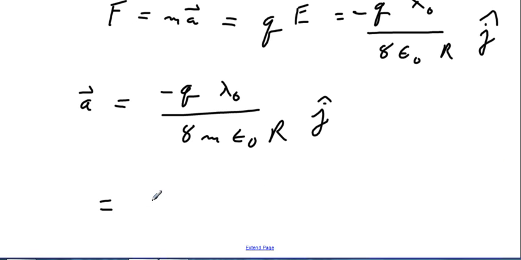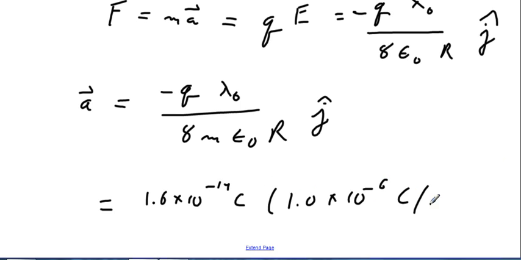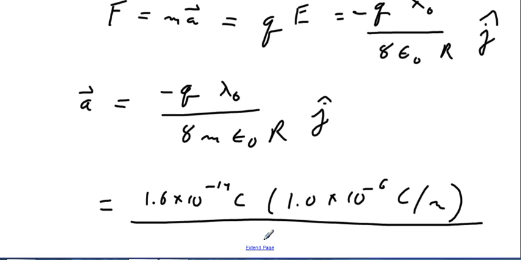So the charge on the electron, 1.6 times 10 to the minus 19 coulombs, 1.0 times 10 to the minus 6 coulombs per meter, my lambda naught.